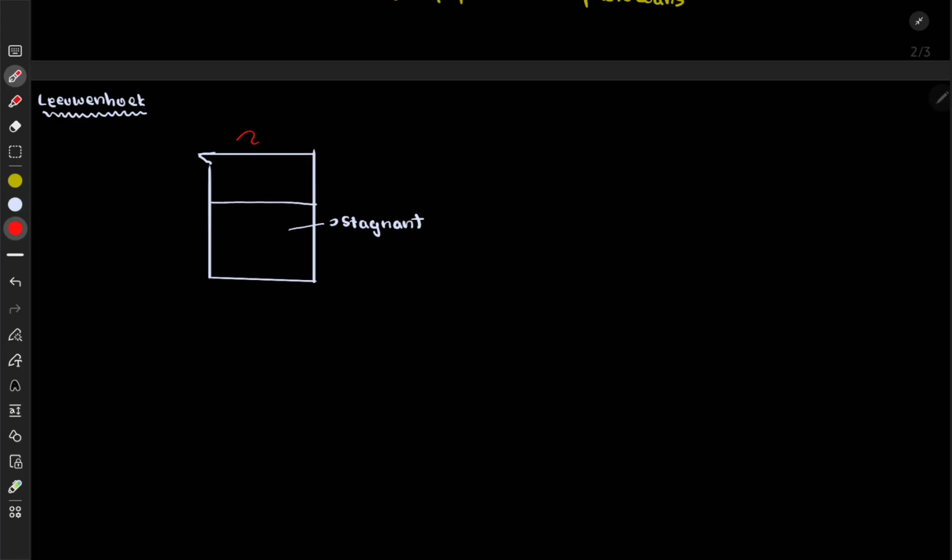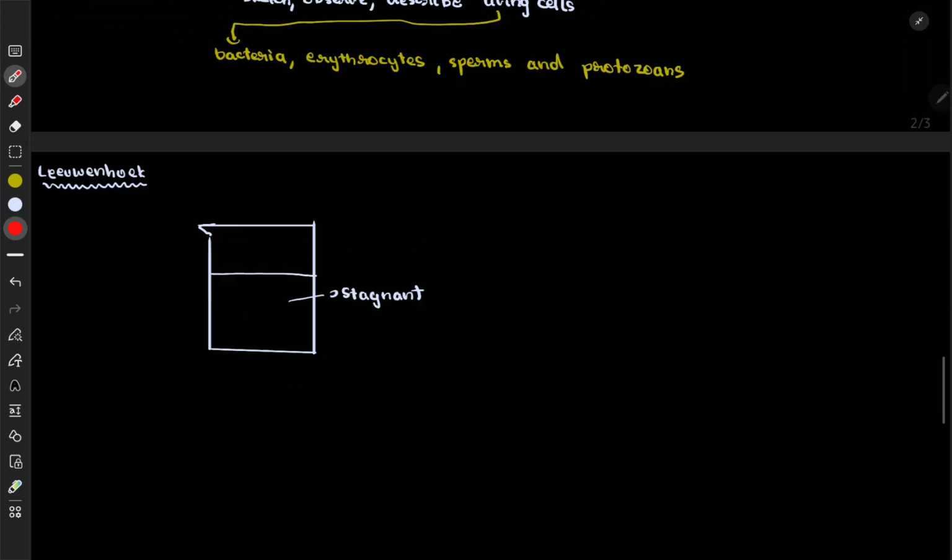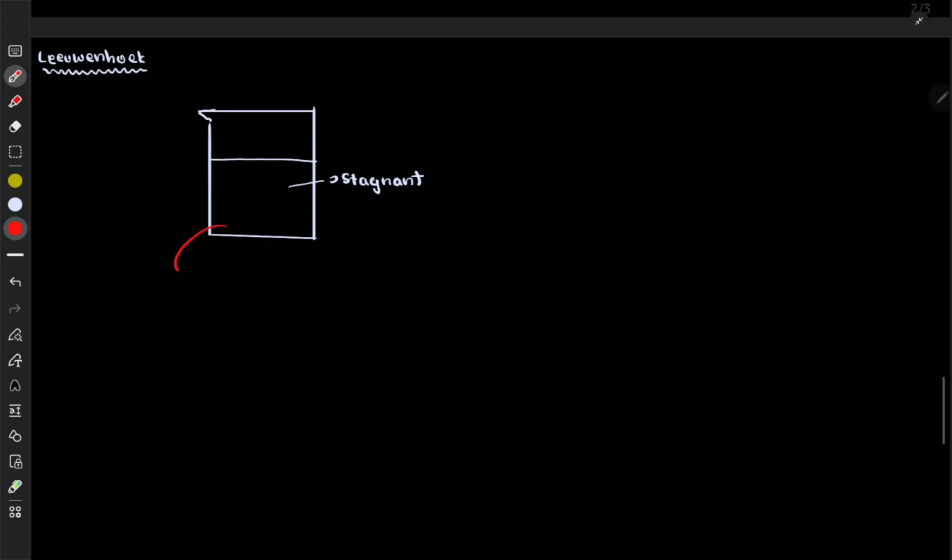he took a sample of this water, maybe using a syringe, but I'm showing how you could do it at home. He took a sample of this water and put it under a microscope.